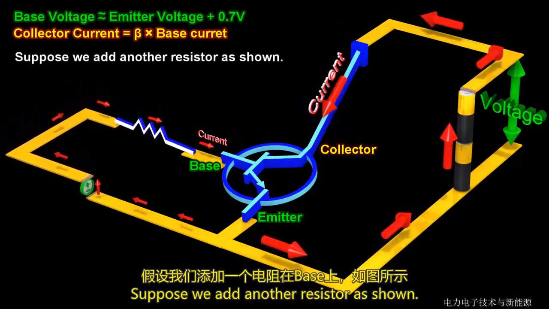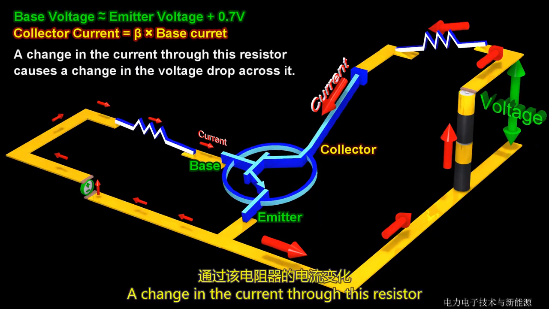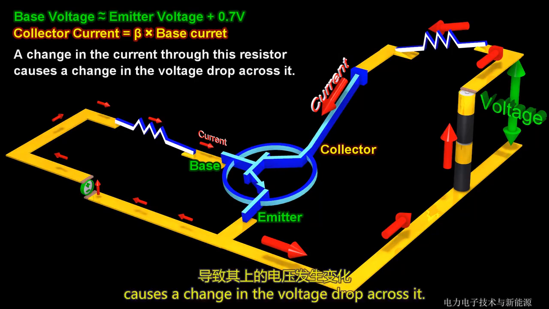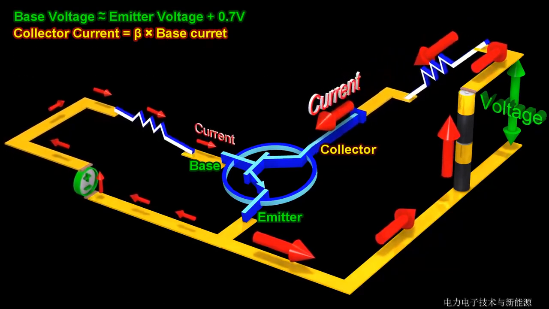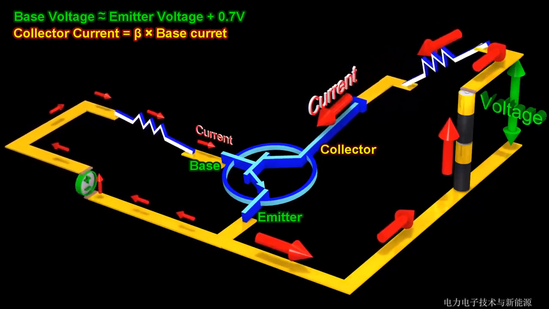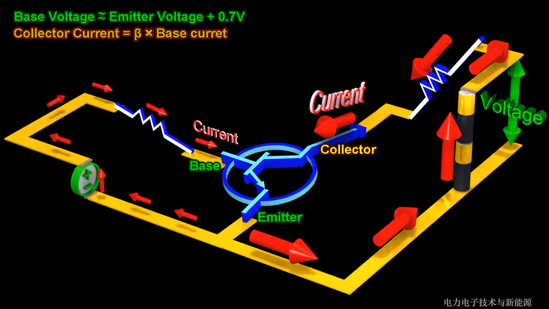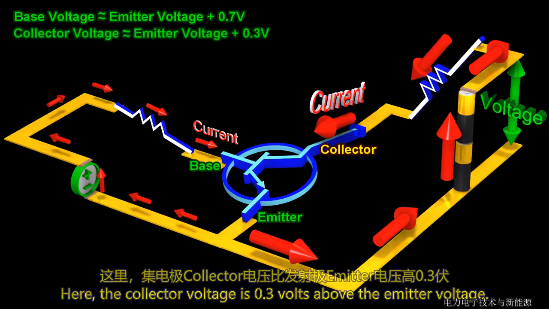Suppose we add another resistor as shown. A change in the current through this resistor causes a change in the voltage drop across it. Here, the collector voltage is 0.3 volts above the emitter voltage.